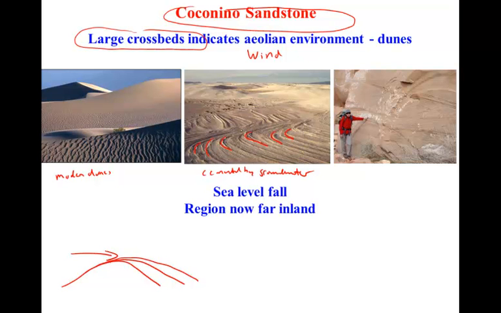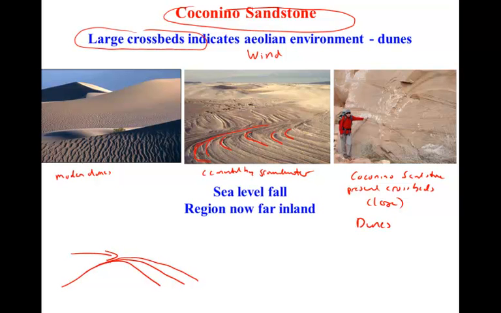And then on the right, we see the Coconino Sandstone, with its preserved crossbeds. Large crossbeds indicating deposition of that sand as dunes.